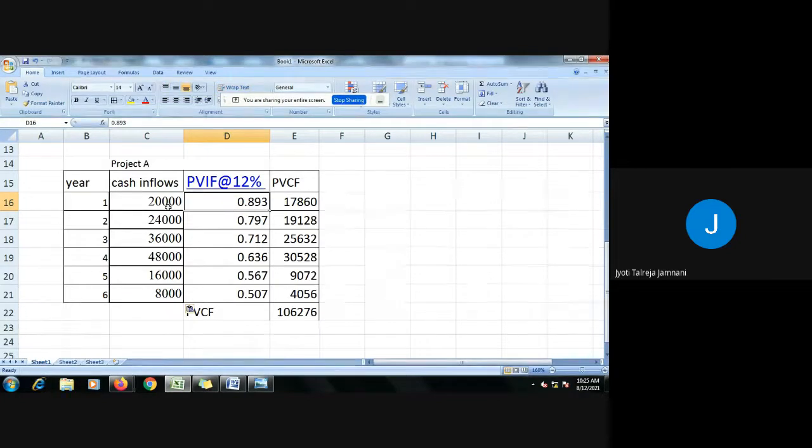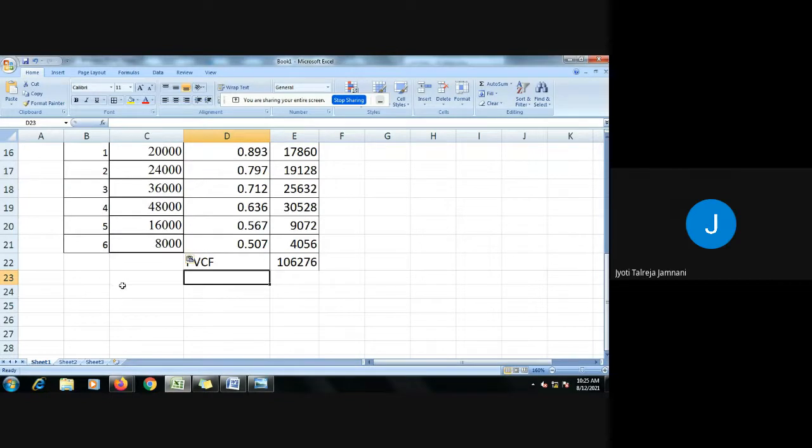Now what we have to do, we have to multiply cash inflows into present value interest factor. So 20,000 into 0.893, 17,860 is what you get. Similarly, 24,000 into 0.797, 19,128 you get. So like that for all the years, if you multiply it with present value interest factor, you will get the present value cash flows, and the total present value cash flows is 1,06,276.